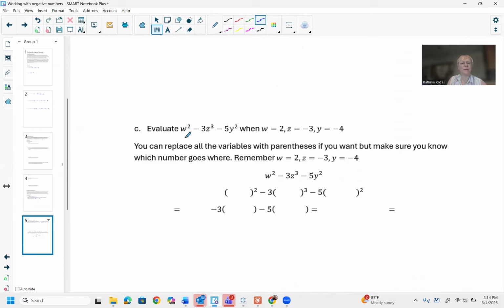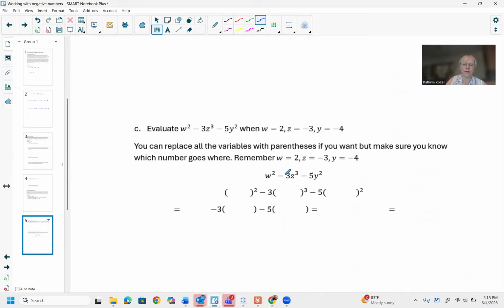Let's evaluate w squared minus 3z cubed minus 5y squared when w is equal to 2, z is equal to negative 3, and y is equal to negative 4. You can replace all the values with parentheses if you want, but make sure you know which number goes where. Remember, w equals 2, z equals negative 3, and y equals negative 4.